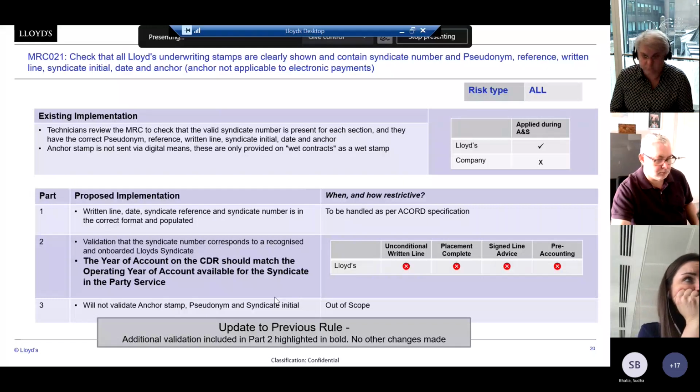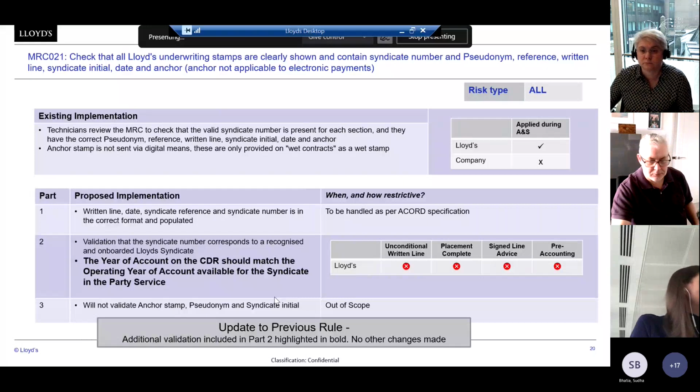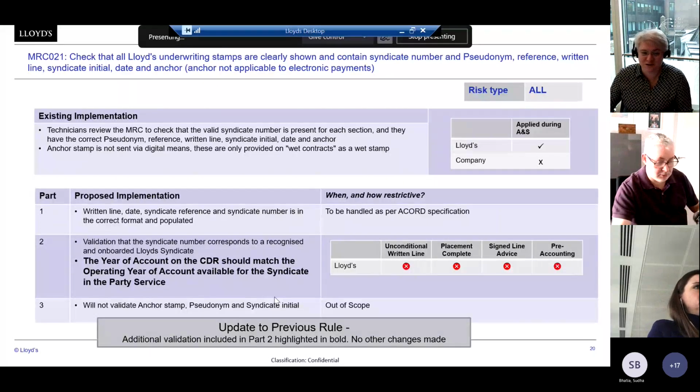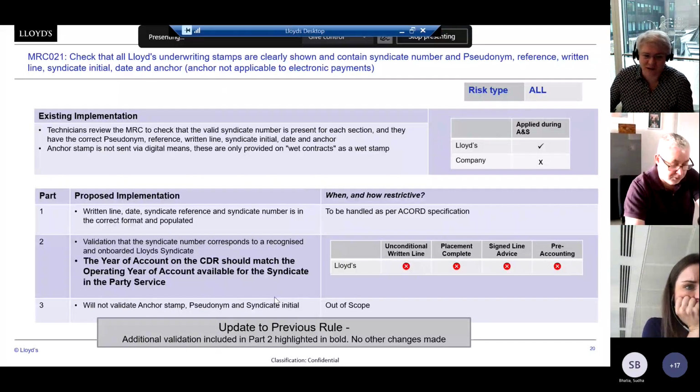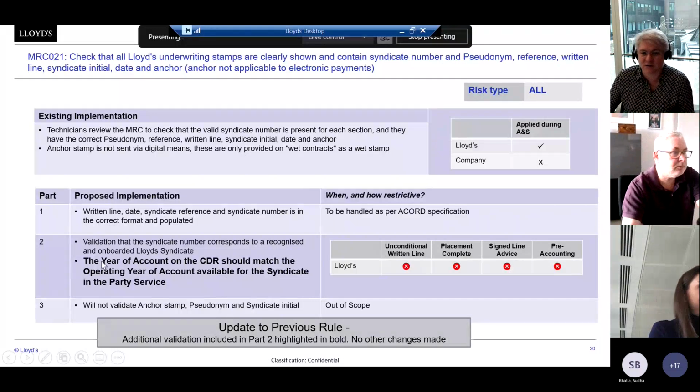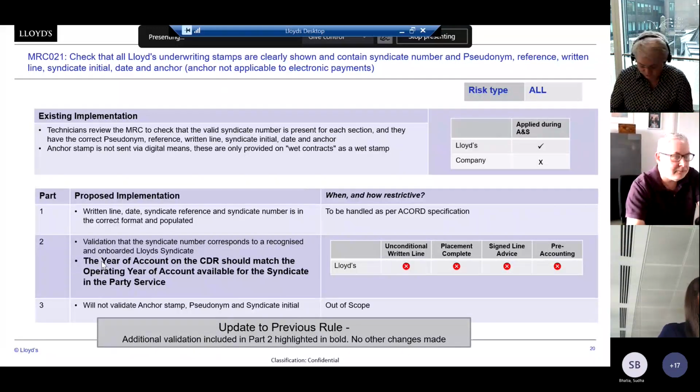Does that answer your question, Kirsten? Yeah, sorry, it wasn't really a question. It was more just clarification that the latter part of the CDR, which was tightened up only in the last 2 or 3 weeks, was filtering through.